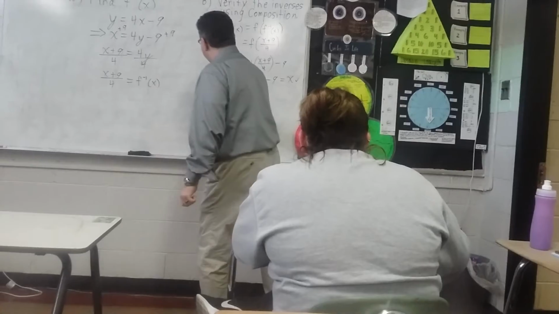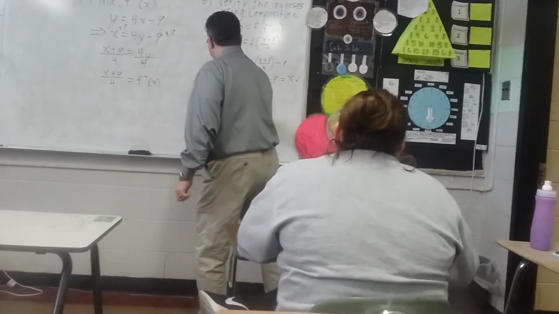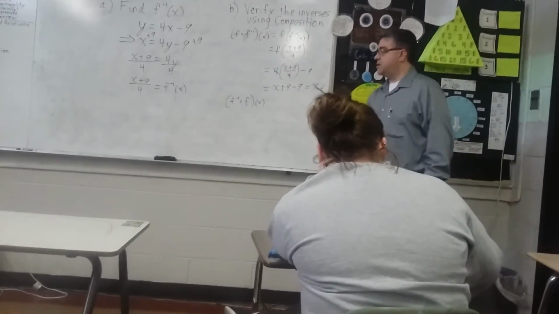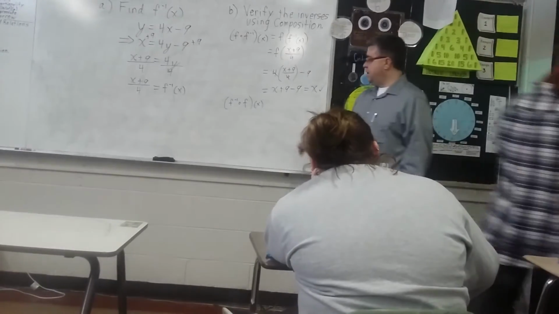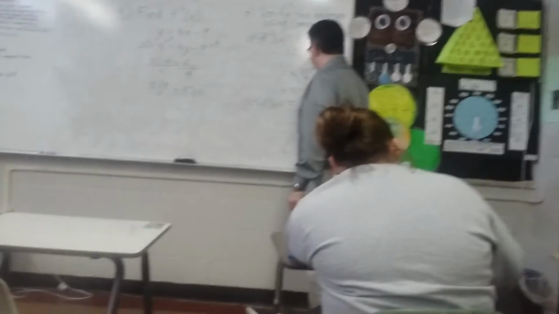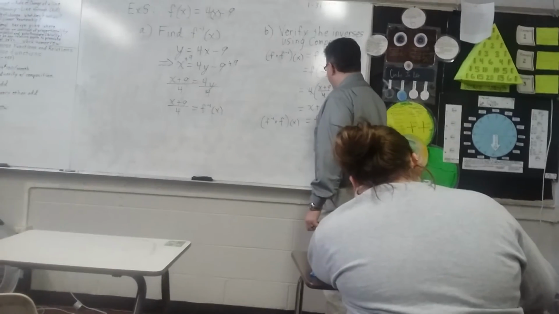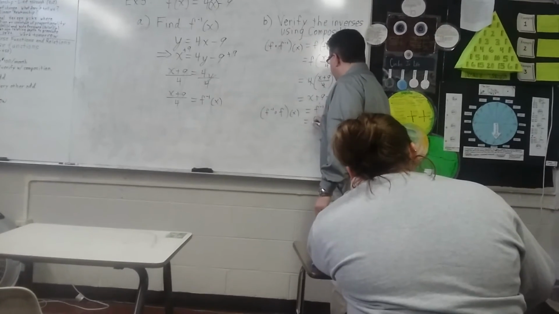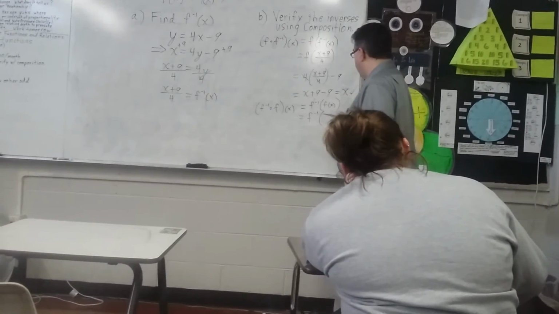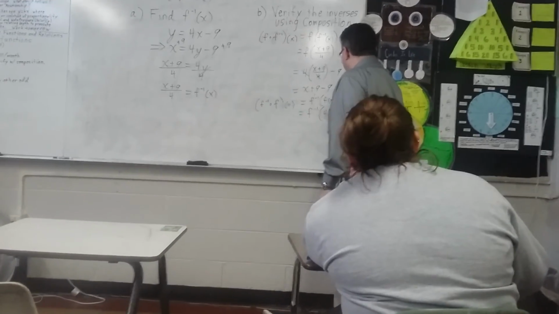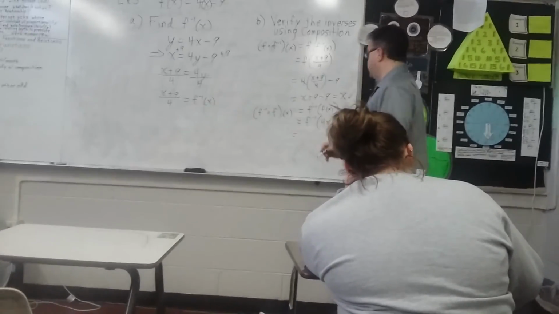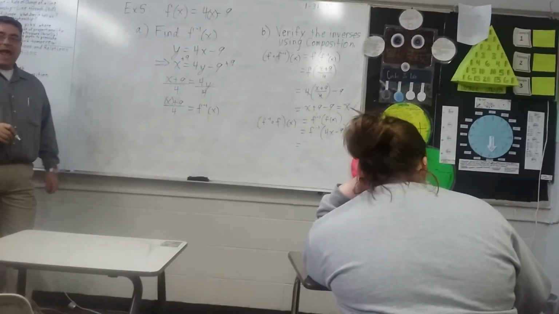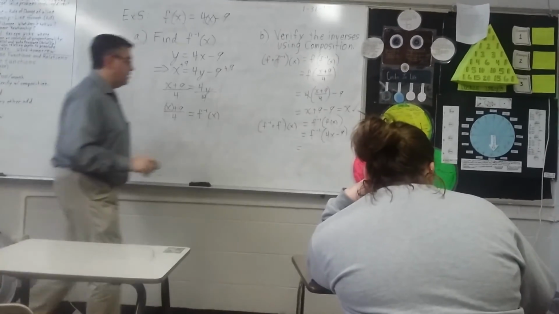And then we have to do the other direction. So we'll do f composite f inverse of x, which is f inverse of f of x, which is f inverse of 4x minus 9, which says, go to f inverse, find every instance of x, and replace with 4x minus 9.